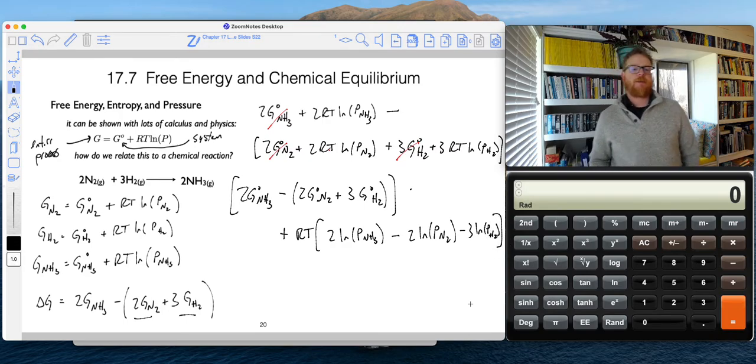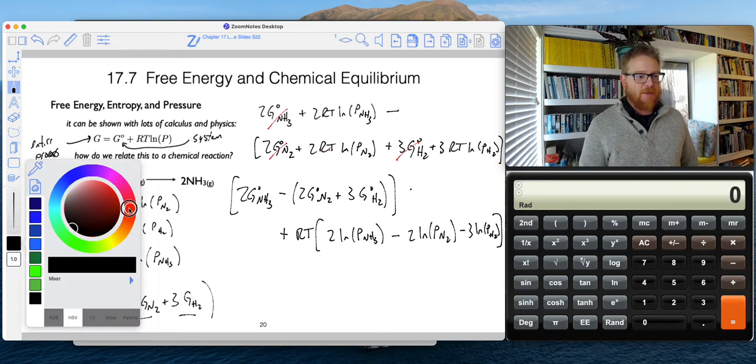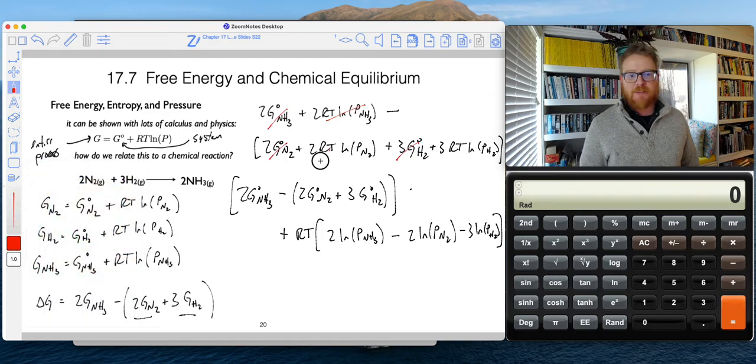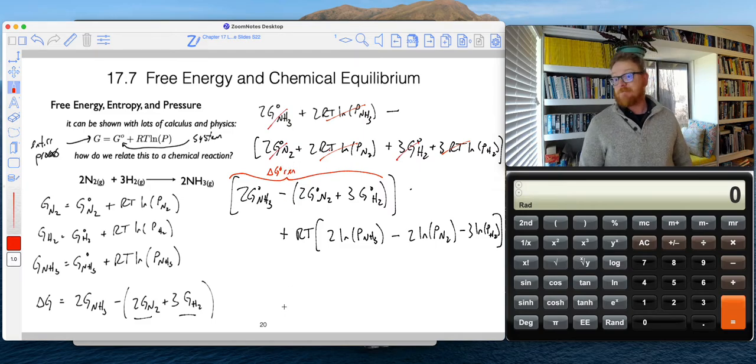Okay. So we can keep making some simplifications here. And one simplification that I can make, so let's make sure that we've crossed everything off. So now I've used this, I've used this, I've used this, and yep, I've used everything. So now I recognize that this whole quantity is the same thing as my standard free energy of reaction. Cool.